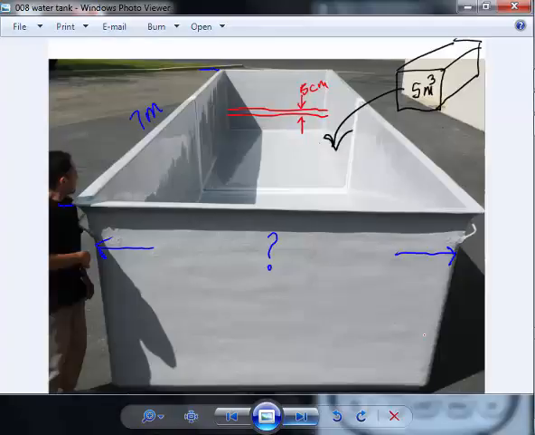Next one, number 12, we're going to fill the tank. We know it's 7 meters wide. We know that if we put 5 meters cubed in, we fill it 5 centimeters.